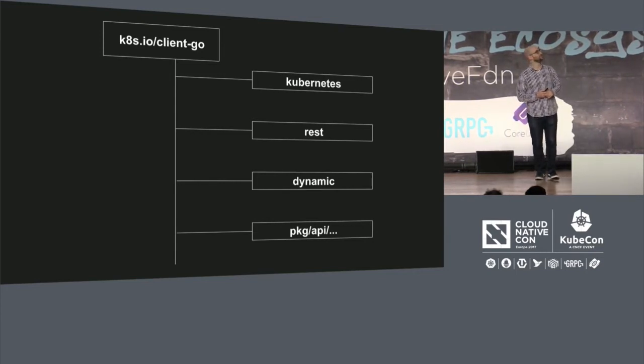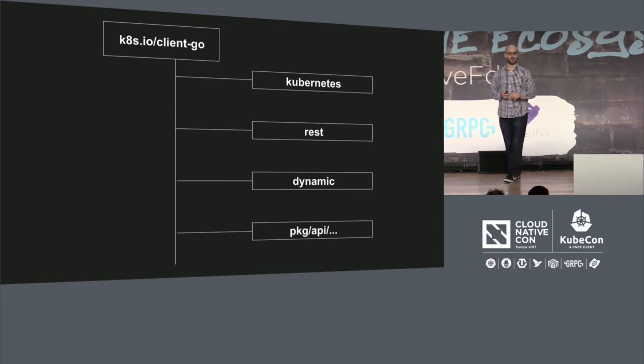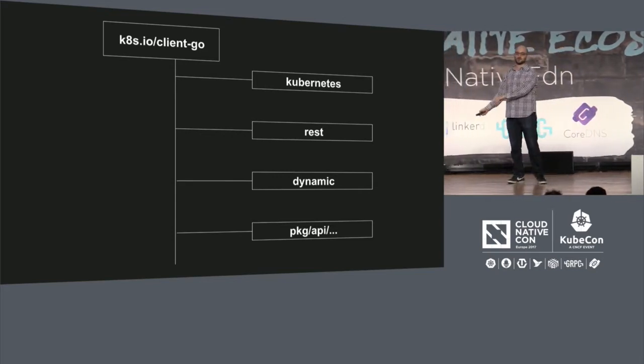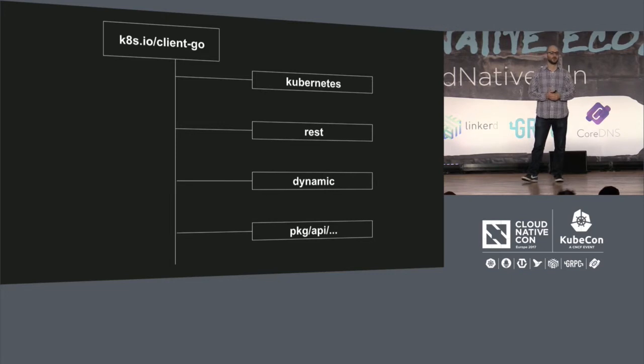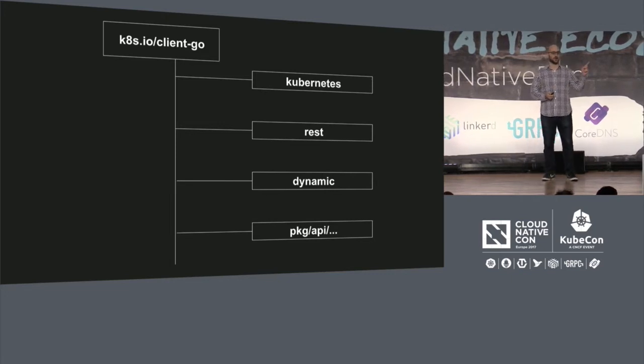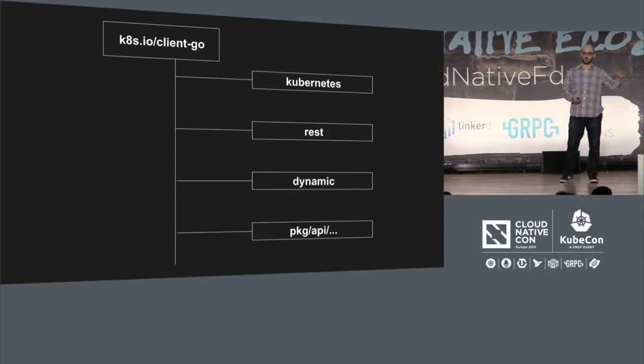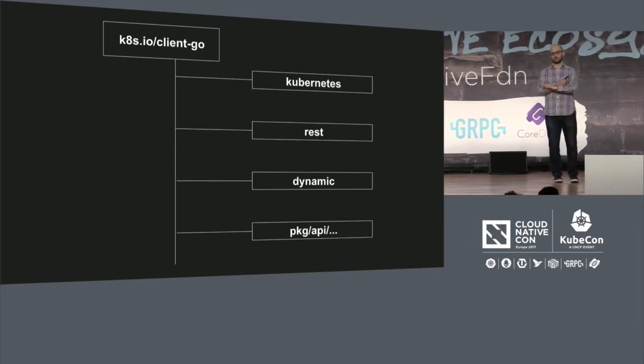And then that last one, pkg/api. That means there's a whole bunch of stuff under pkg/api. That's where you will find all of the resources that you know of in Kubernetes. There is a Go struct for pods, services, namespaces, deployments, nodes, everything.